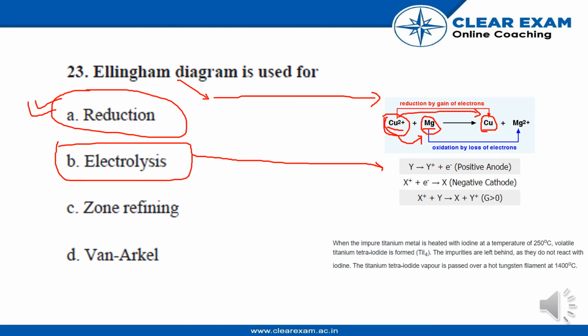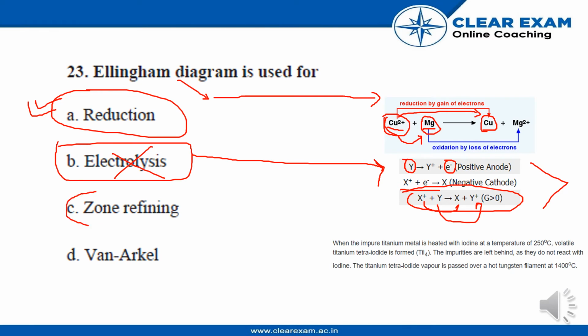For example, at the positive anode, and the negative cathode, the charges are exchanged. In this general equation, the positive goes to the negative and the negative goes to the positive. In electrolysis, no metal is involved, there are only ions, so electrolysis is not the correct approach.